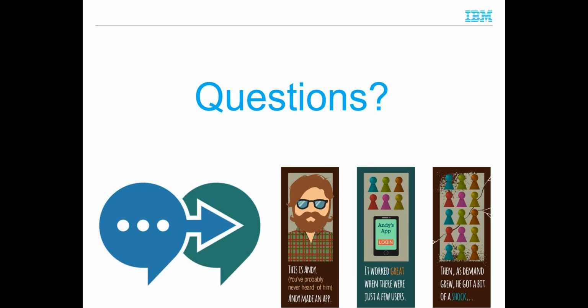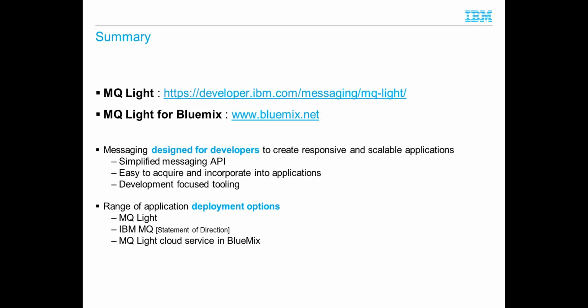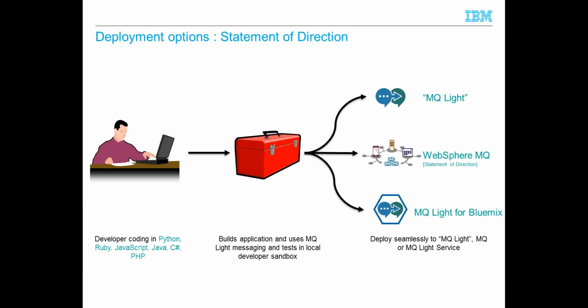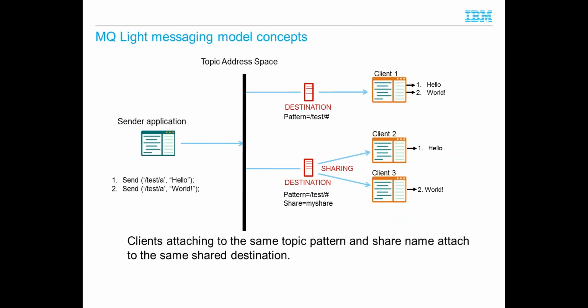Okay, so there's a number of parts to that question. Let's start with the pub/sub angle. So I'll just flick back through to the slide. The messaging model that we have in MQ Lite is, if you like, both pub/sub and queuing. So it supports both ways of working.